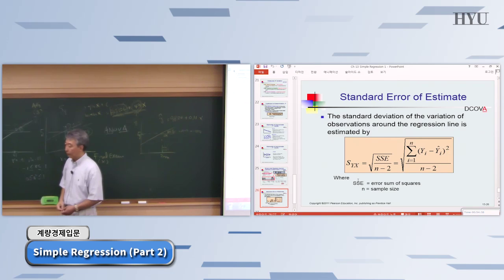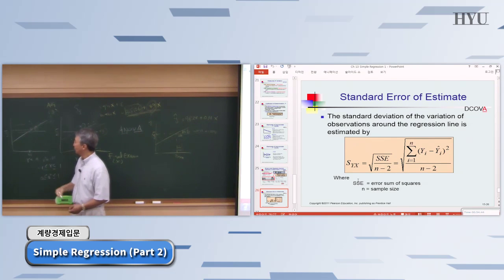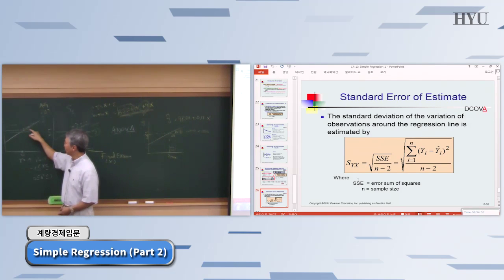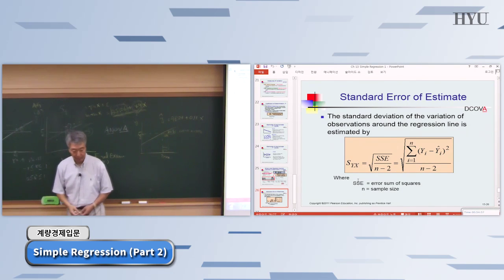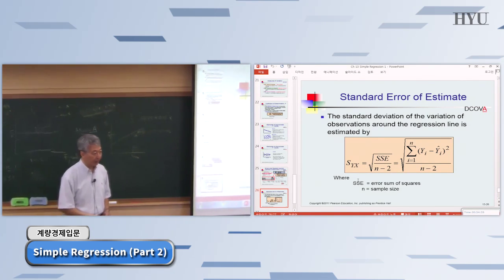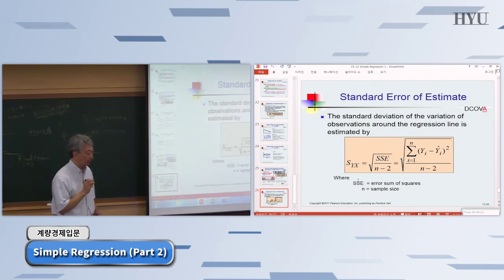And in that case, you don't want actual data points to be far away. If the actual data point is far away, that means you have a lot of error. But if all the data points are around the regression line like this, then your error will be pretty small. So the standard error of estimate gives you that idea.